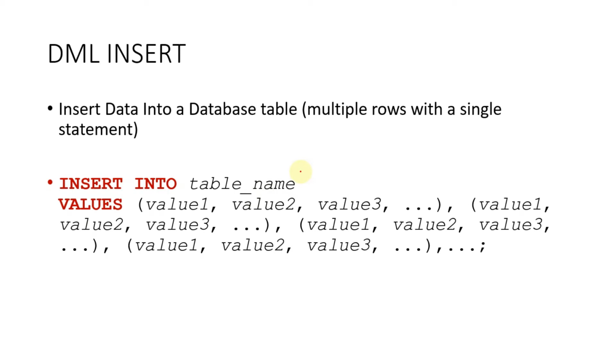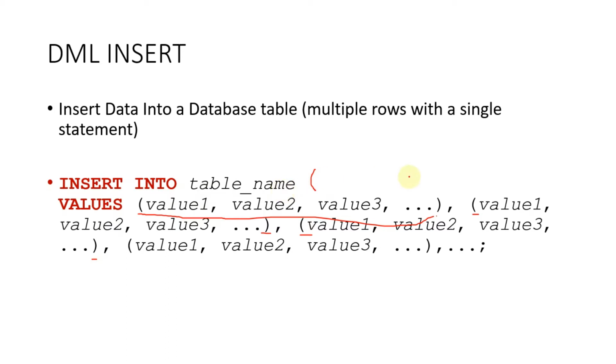Suppose we need to enter multiple rows in a single table while using a single insert statement. For that purpose we must give sets of values. Here in this statement we have some sets: the first set starts from here and ends here, the second set starts from here till here, and the third set is from here till here. We use the same insert statement, and we may give the set of attributes just after the table name.